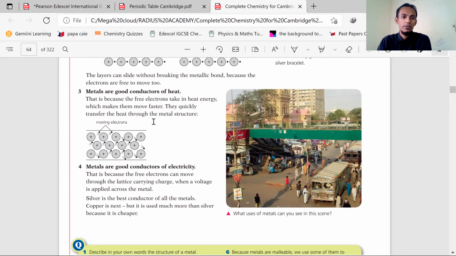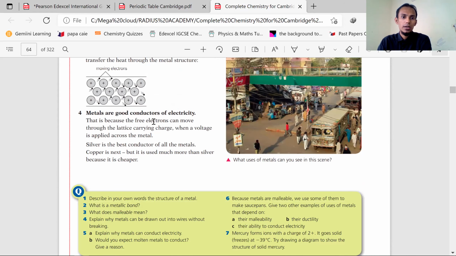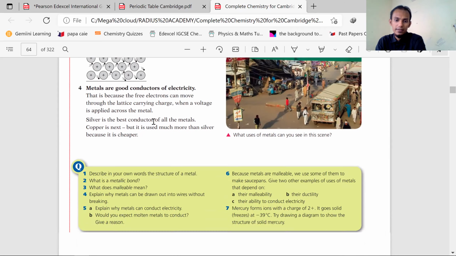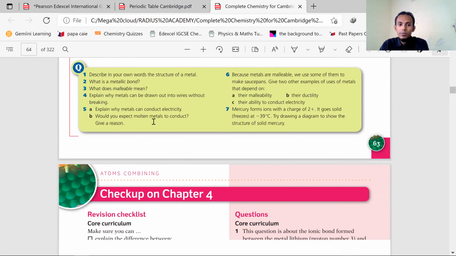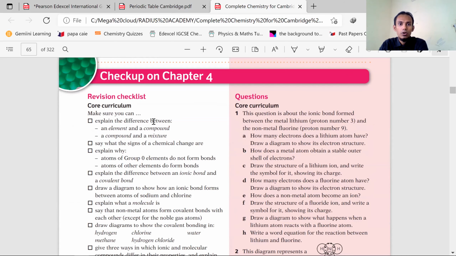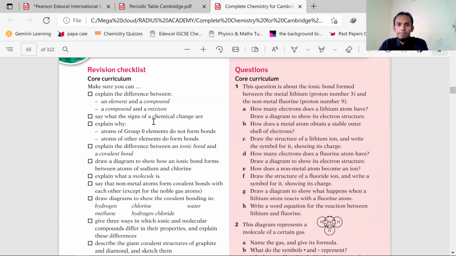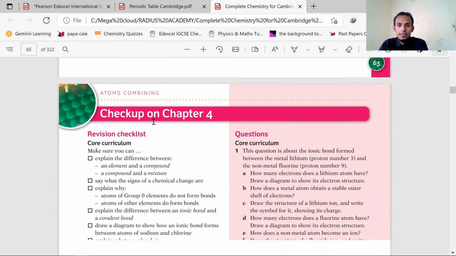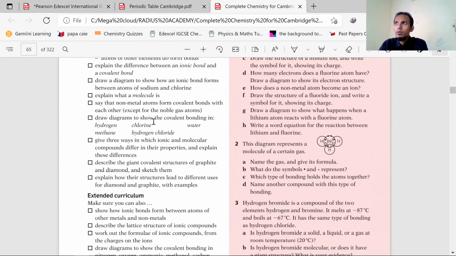Metals are good conductors of heat and electricity. The same thing is discussed here. Checkups on chapter 4C. This thing you should do at home. Page number 64 from that.